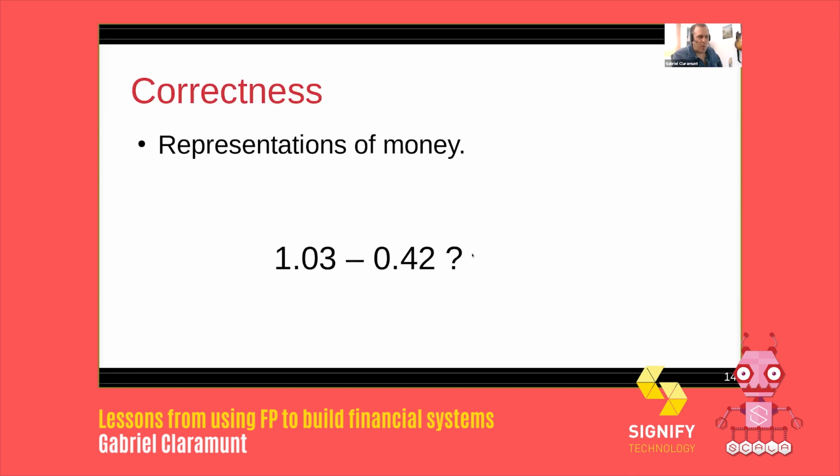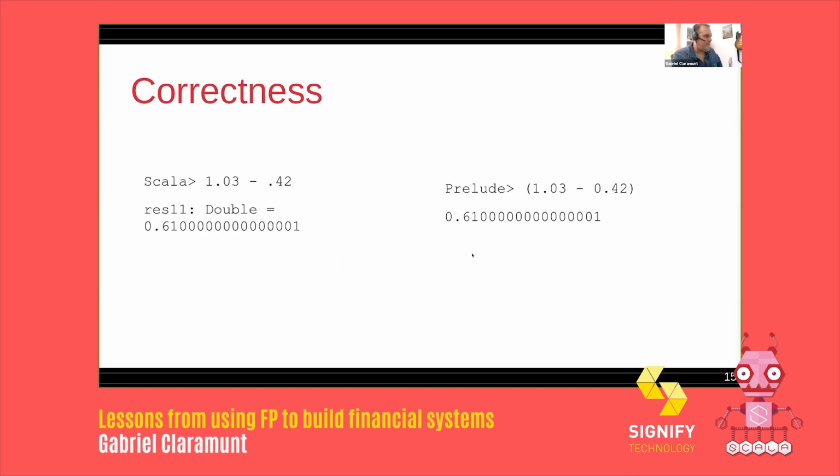But what is the result if you use just a very precise type of floating point, which is double? Even Scala or Haskell will give you this result. That's clearly not correct. Imagine if you start accumulating this, the rounding error will start propagating.